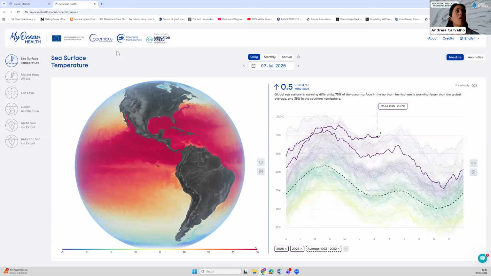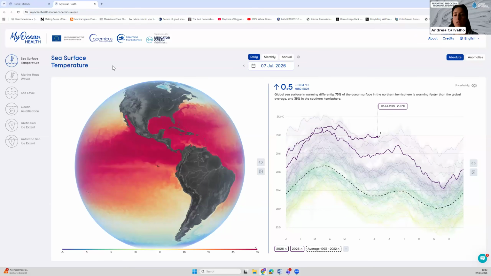So as you can see here, we have different ocean variables on My Ocean Health. You will find variables such as sea surface temperature, marine heat waves, sea level, ocean acidification, Arctic and Antarctic sea ice extent, so the area occupied by sea ice in both polar regions.